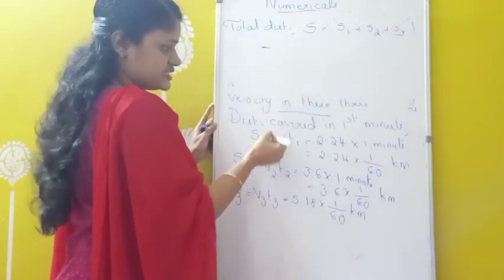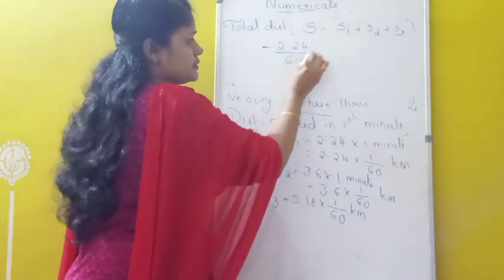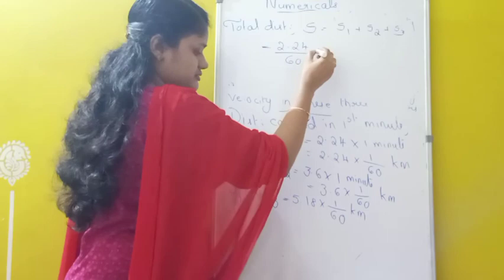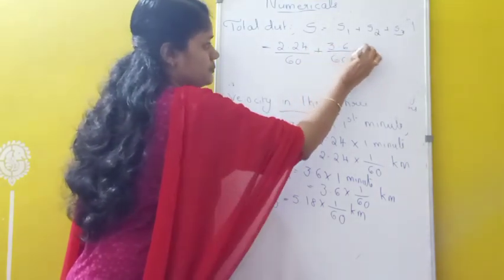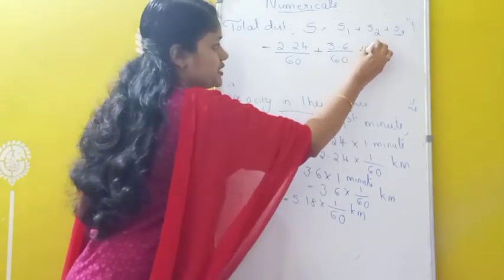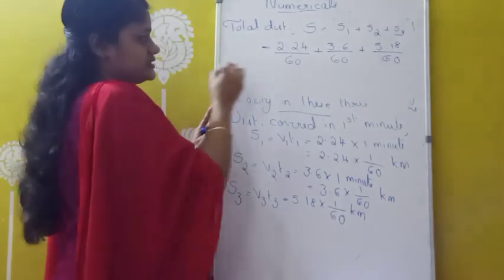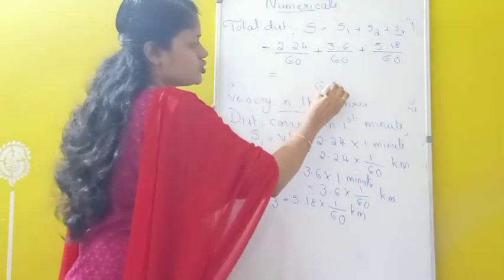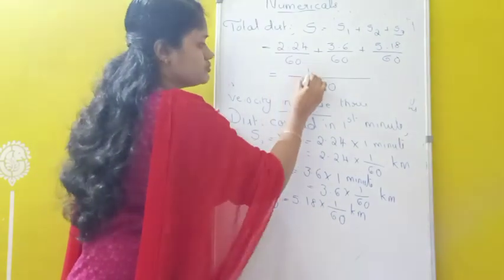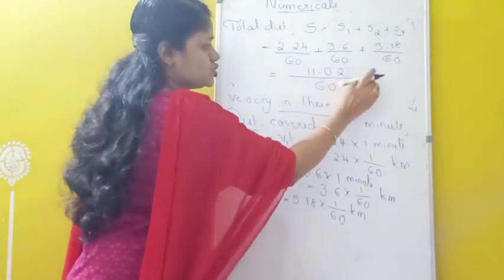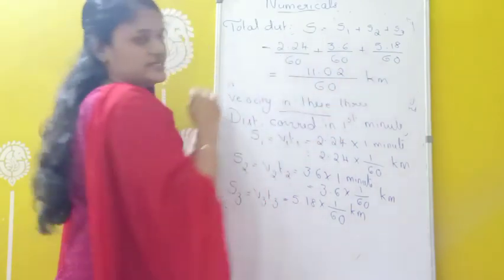That is equivalent to 2.24 by 60 plus 3.6 by 60 plus 5.18 by 60. So this is the total distance. 60 is the common denominator, so when you add, you will get 11.02. So 11.02 divided by 60 kilometer is the total distance covered.